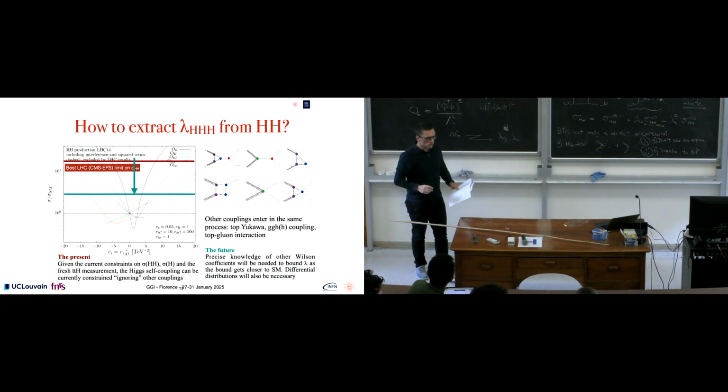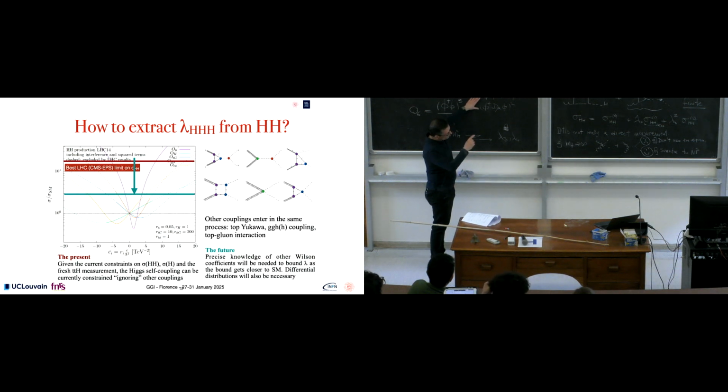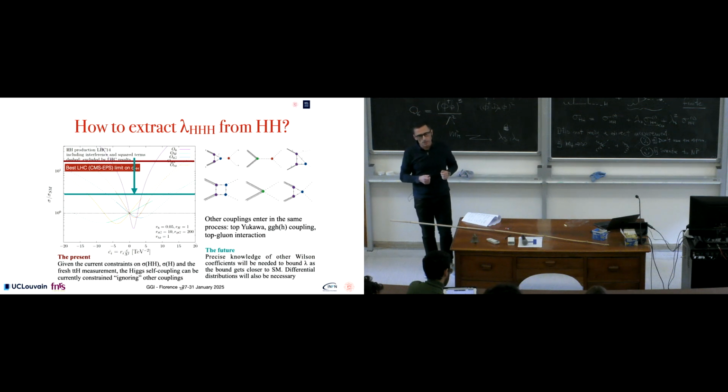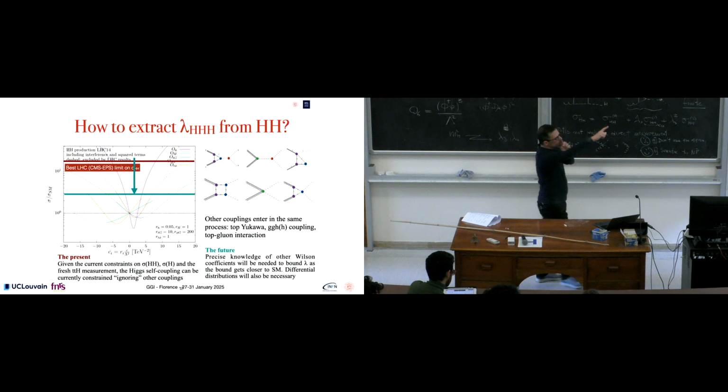These operators enter in the determination of the Higgs couplings, but at the end you can show that you only need a linear combination, and this linear combination of these two operators depends on one coefficient which is called CH, which is there also in this plot.